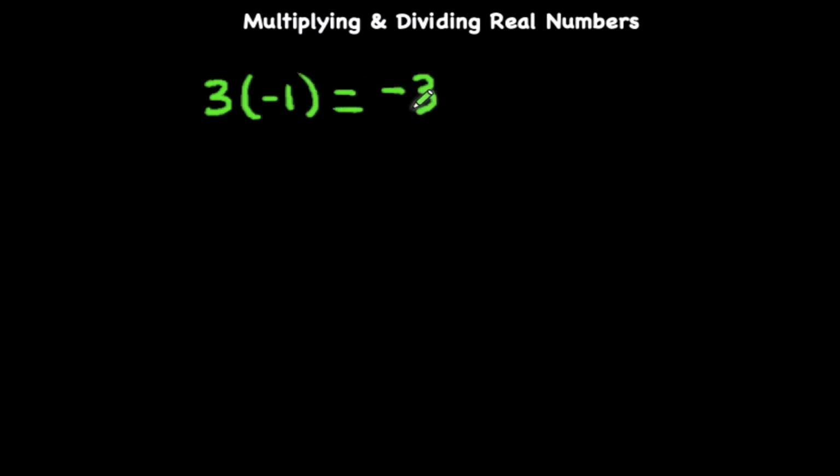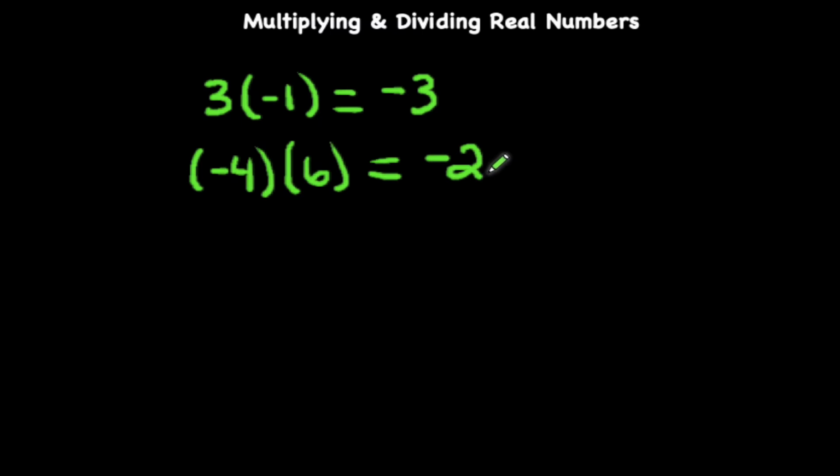And that's negative 3 because you're multiplying a positive times a negative, all right? This will always be the case. So even if you're multiplying a negative times a positive, like negative 4 times 6, that's a negative product, negative 24, right? Because a negative times a positive gives you a negative answer, all right?